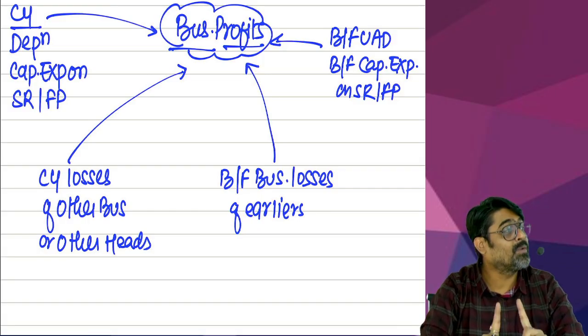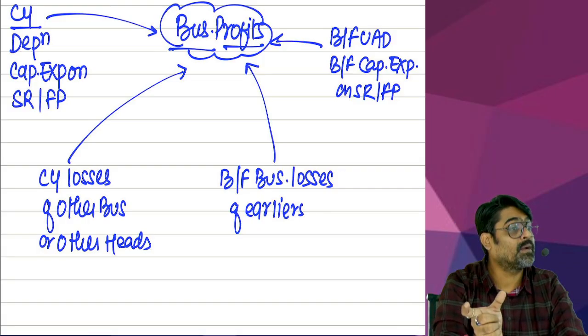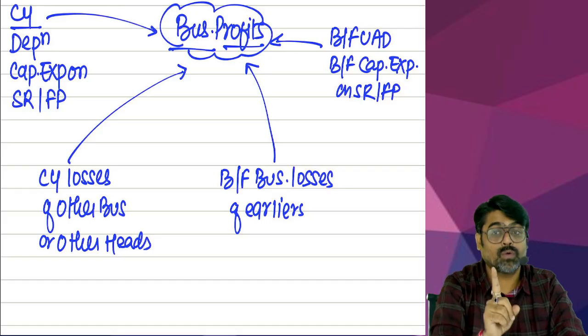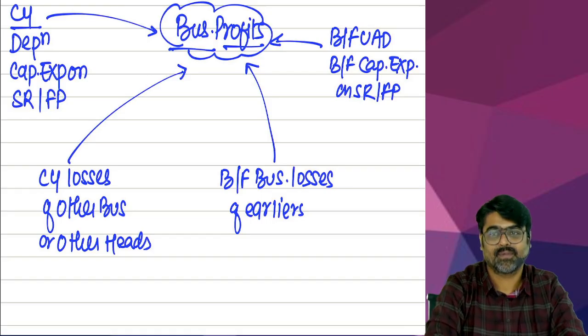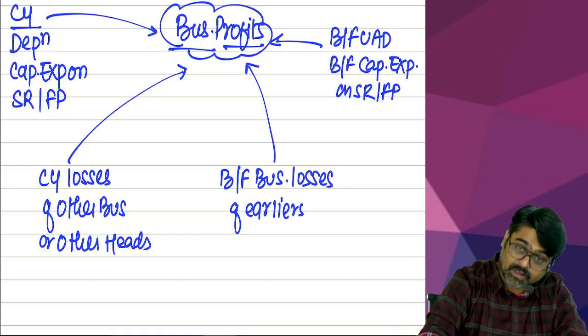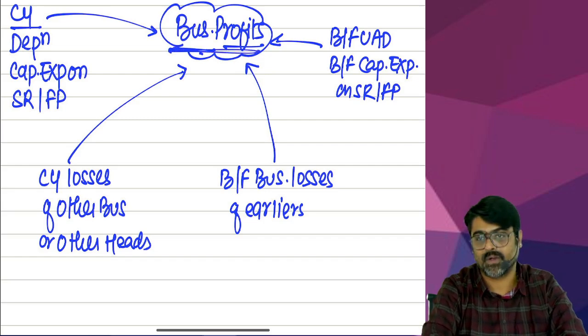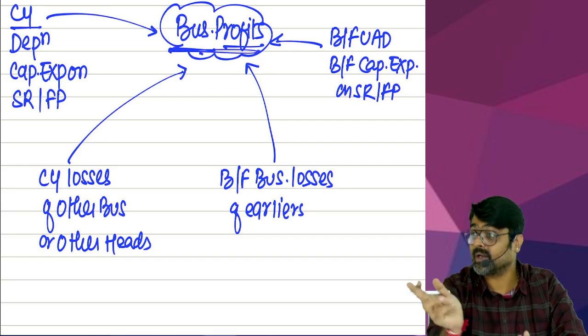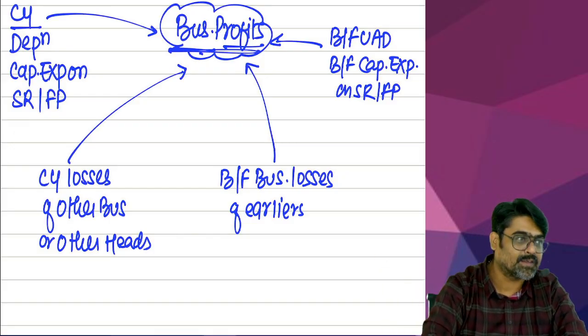See, till the time you don't calculate the final business profit, you cannot do the set-off of losses of current year. So before doing the set-off of current year losses, you will have to first calculate the final business profits, which is not possible without adjusting the current year depreciation and current year capital expenditures.